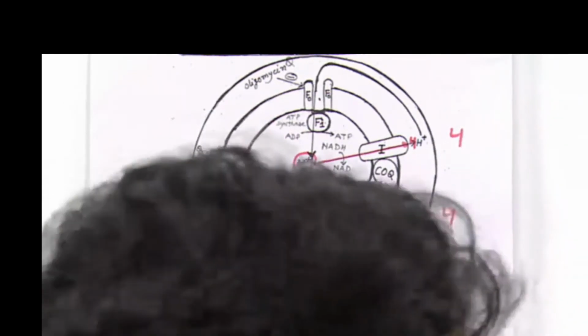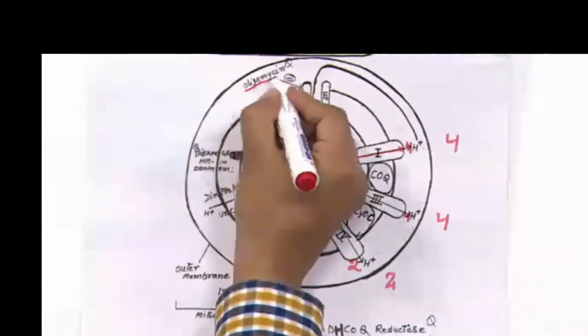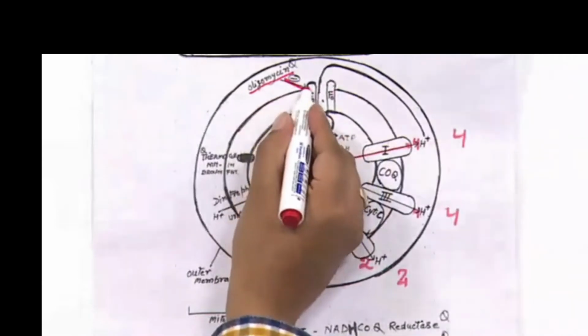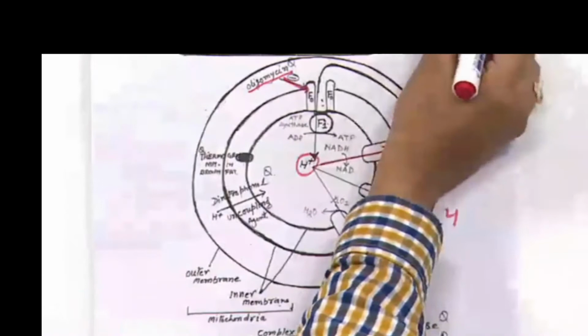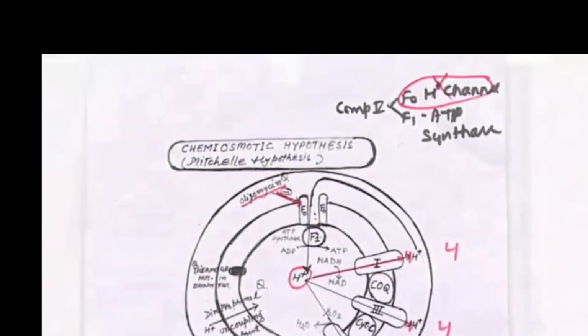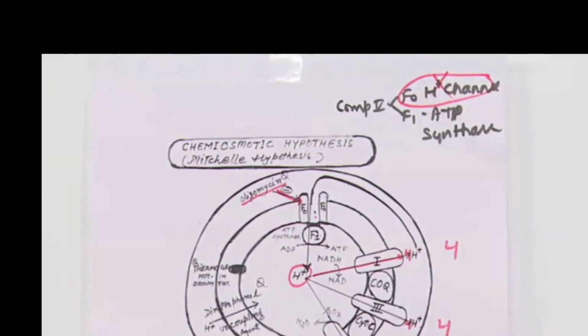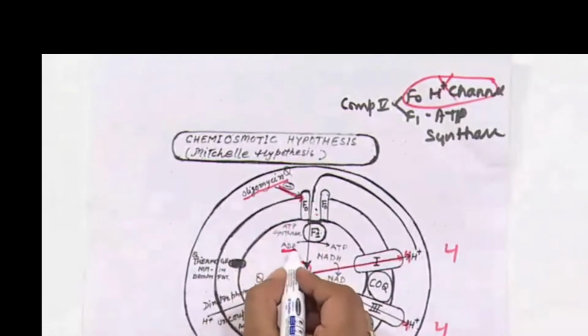Now, question is asked that oligomycin inhibit F0 portion of complex 5. Yes, oligomycin inhibit this F0 portion of complex 5. Okay, so when complex 5 is inhibited, ADP will not be converted to ATP.